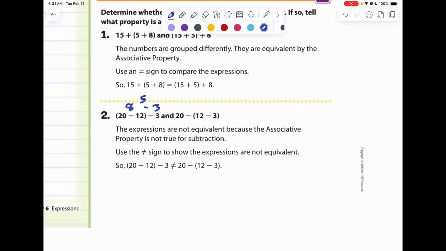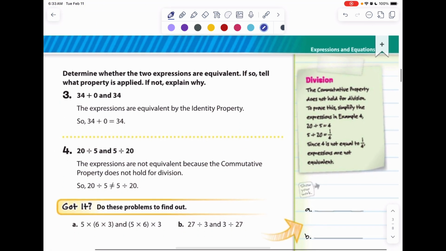And here we have 12 minus 3, that's 9. And if we subtract that from 20, that would be 11. Oh, not equivalent. Associative property does not work for subtraction. Good to know.